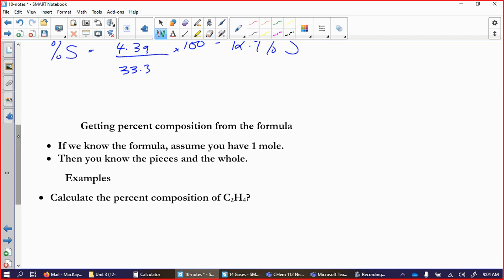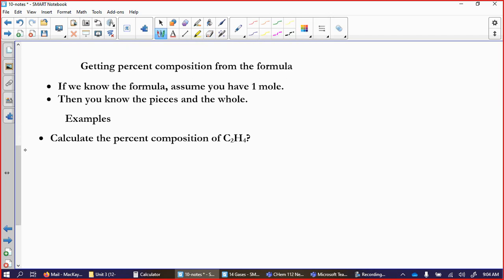The more common way to do a percent composition is from a formula. We assume we have 1 mole. If we have a mole, can we find the molar mass? So in this case, it's C2H4.